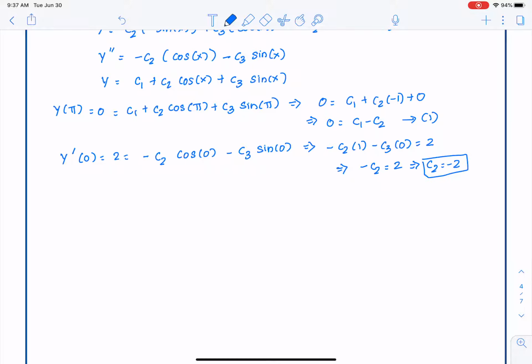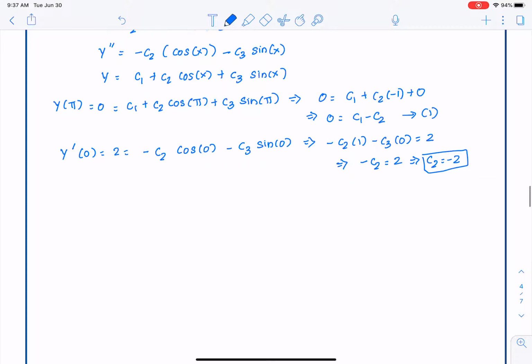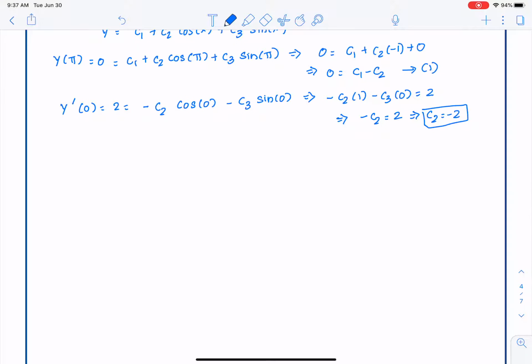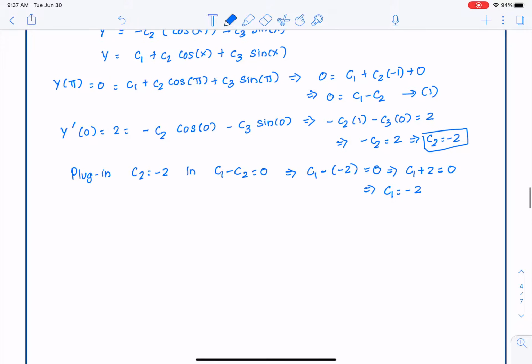So we already know in equation 1, c1 minus c2 is 0. So plug in c2 equals negative 2 in c1 minus c2 equals 0, which would imply c1 minus of minus 2 equals 0. c1 plus 2 equals 0, which would give us c1 to be negative 2 also.